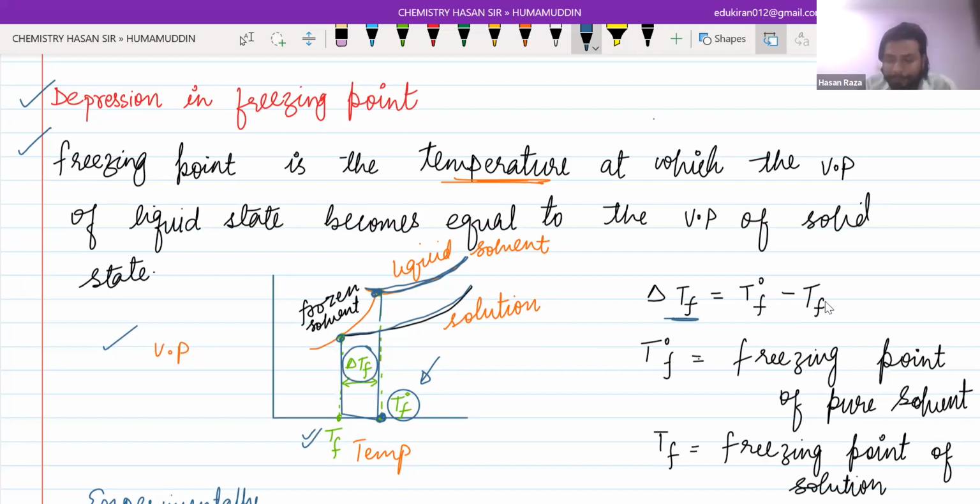Always remember that in elevation in boiling point, delta TB was equal to TB minus T naught B, but here delta TF is equal to T naught F minus TF. Basically, the larger value will be first and the smaller value will be last. So T naught F here is the freezing point of the pure solvent and TF is the freezing point of the solution.